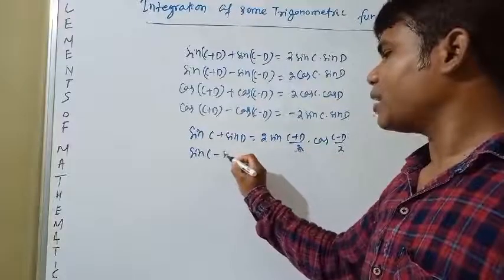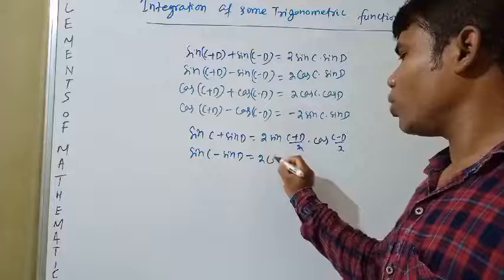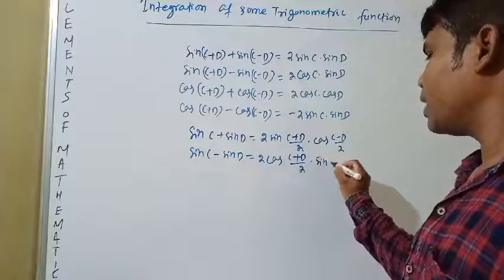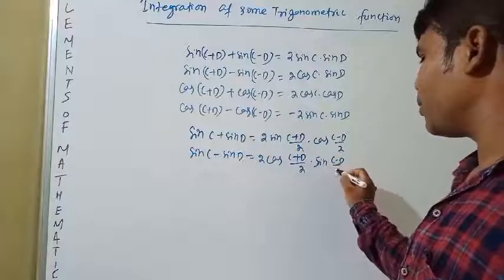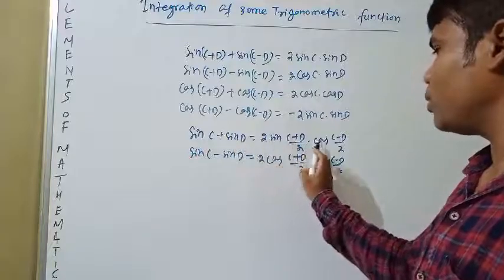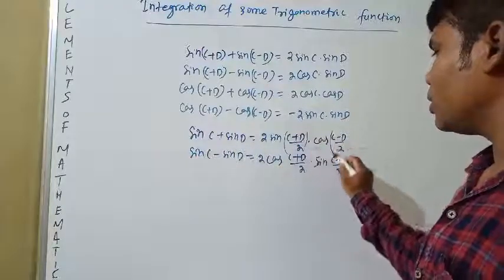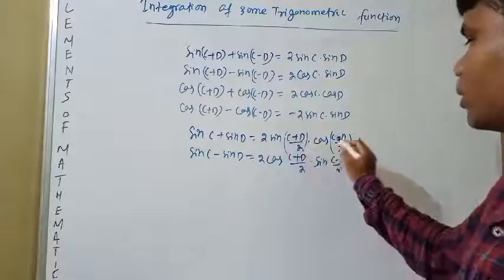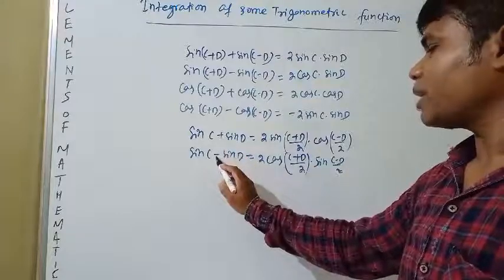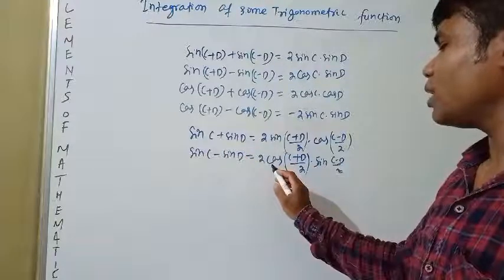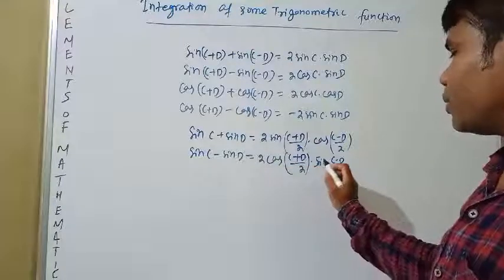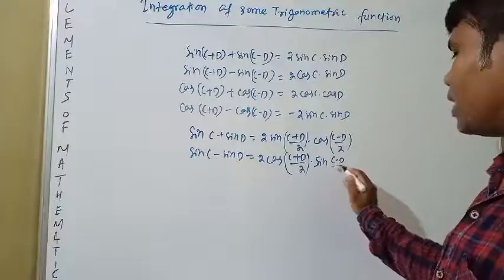Sin c minus sin d is equal to 2 cos((c+d)/2) into sin((c-d)/2). Here, if you keep a minus sign, then you have to write cos first, then sin. That means 2 cos((c+d)/2) into sin((c-d)/2).